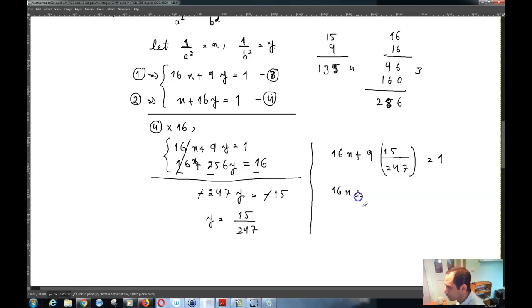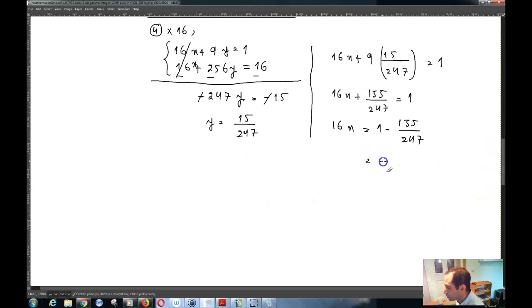So 16x plus 135 by 247 is equal to 1. That means that 16x is equal to 1 minus 135 by 247, which is equal to 247 minus 135 by 247. Now what is 247 minus 135? That's 112. So 16x is equal to 112 by 247.